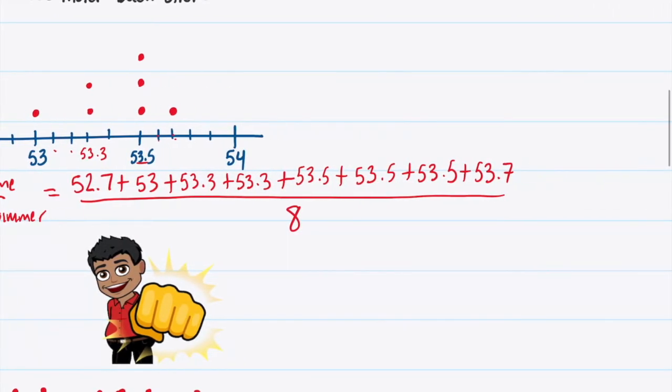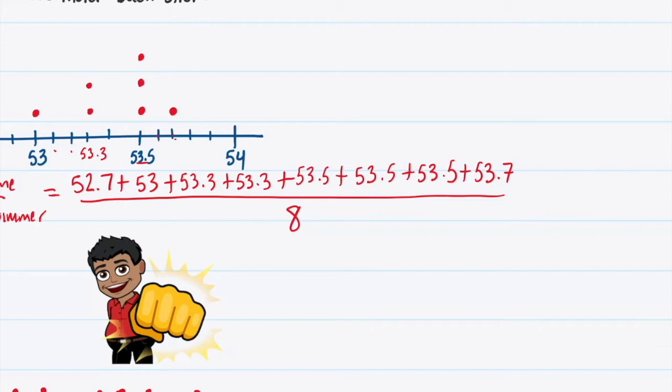So let's do the math. It's going to take a little while. Help me out with the calculator. Make sure I'm doing it right as well. 52.7 plus 53 plus 53.3 plus 53.3 plus 53.5 plus 53.5 plus another 53.5 plus 53.7.